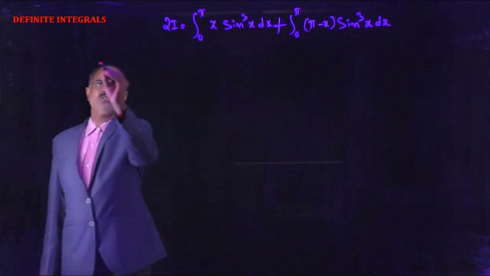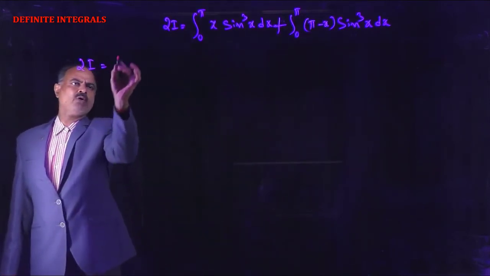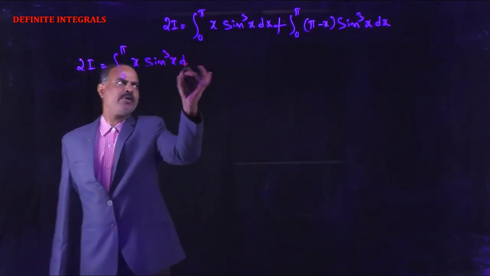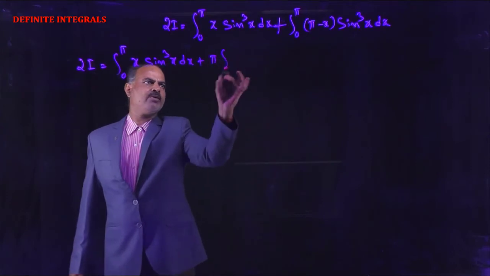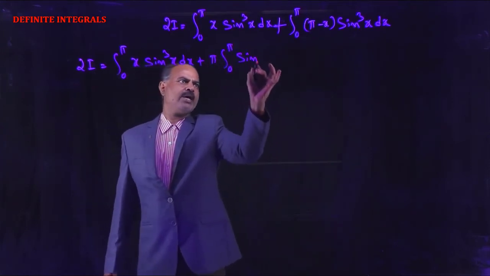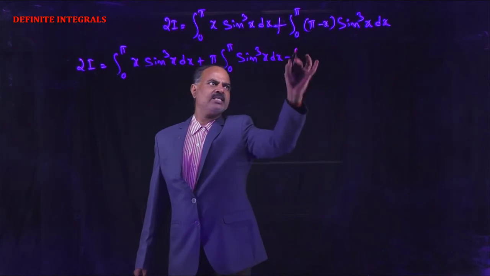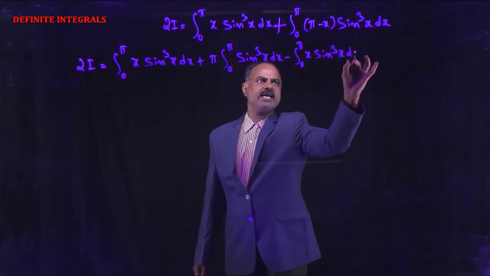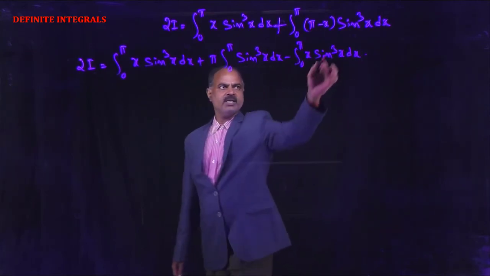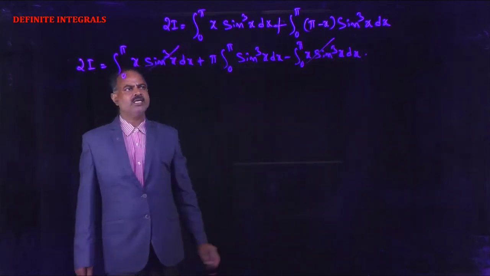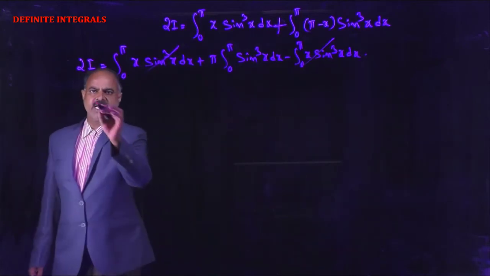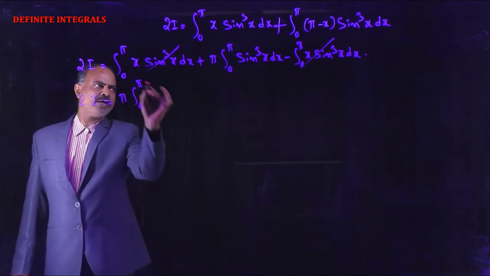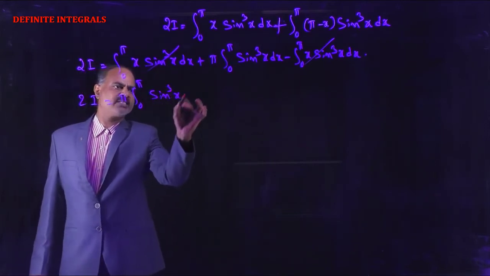Now this is 2I equal to integral 0 to pi x sine cube x dx plus pi into integral 0 to pi sine cube x dx minus integral 0 to pi x sine cube x dx. The integral 0 to pi x sine cube x terms cancel. So 2I equals pi into integral 0 to pi sine cube x dx.